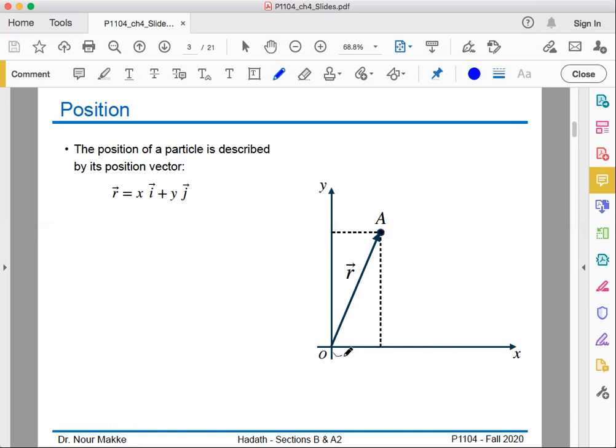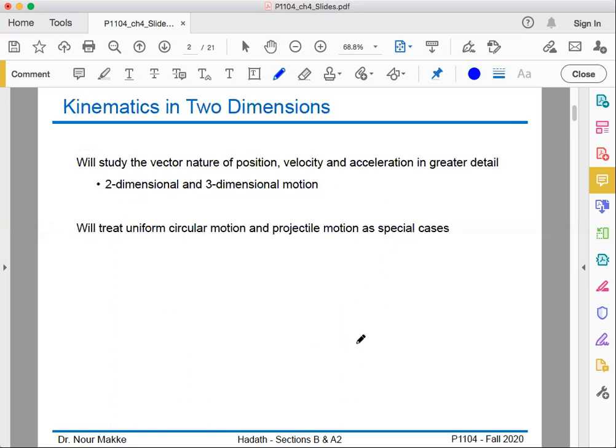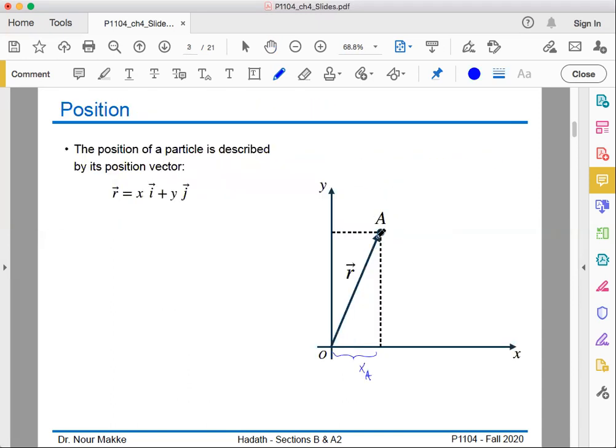x-axis. And by this, we would have the x coordinate of this particle. Let's call this xa. So xa is the x component of the position of the particle at point A. And if you make the projection from the point A onto the y-axis, then this would be nothing else than the y component of the particle at the point A. So let's call them xa and ya.